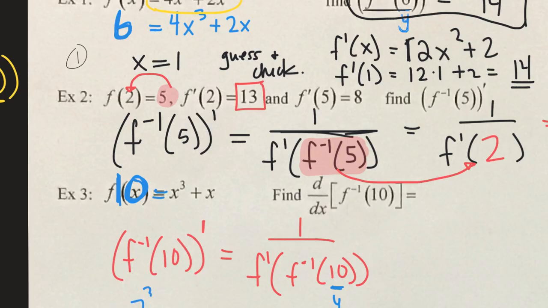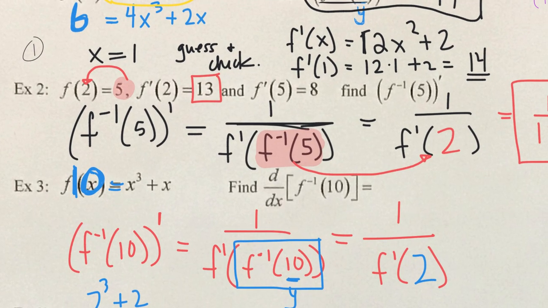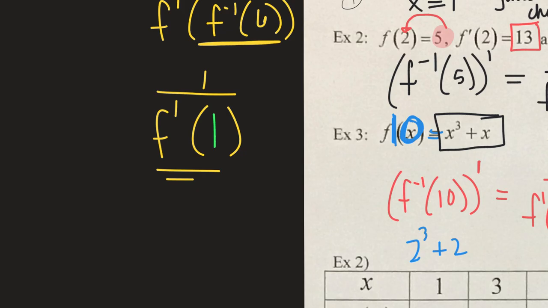2 cubed plus 2, well, 2 cubed is 8. 8 plus 2 is 10. So this whole thing becomes a 2. So f prime at 2. In order to now evaluate, I have to take the derivative of x cubed plus x and plug in 2. Okay, so let's do that over here.